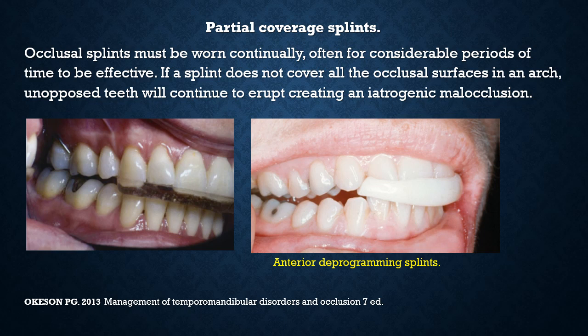And if we misuse these devices, it will cause intrusion of the covered segment and over eruption of the uncovered segment. So it is advisable, if you want to treat the patient for a long period of time, to cover all the teeth to prevent the previously mentioned problem.